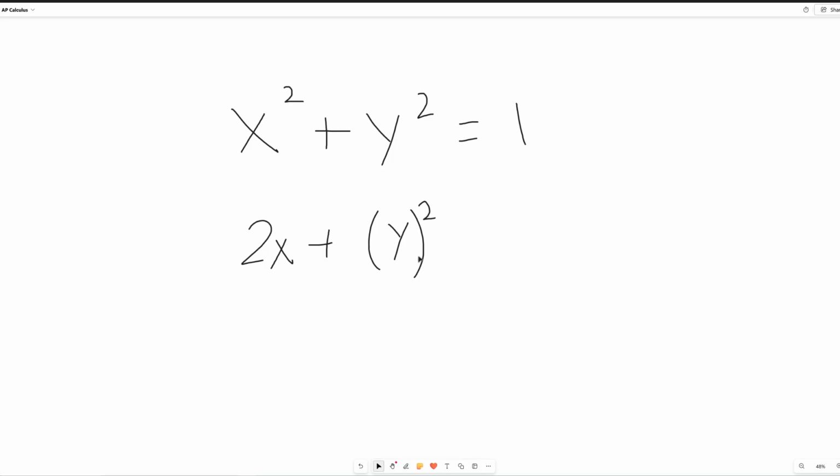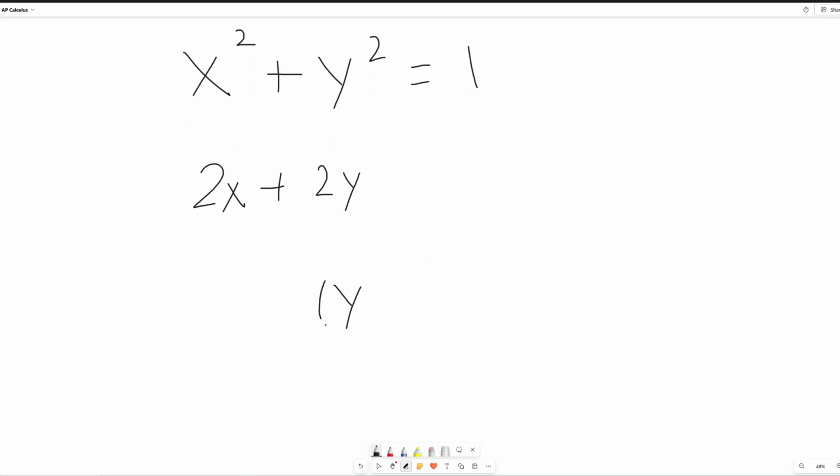So if you were to take the derivative of y squared, you would have 2y, right? Because you bring the 2 down, minus 1 equals 2y times the derivative of y, which is dy over dx, or you can write it as 2y times y prime.